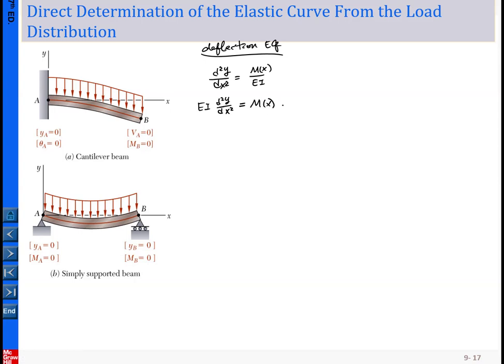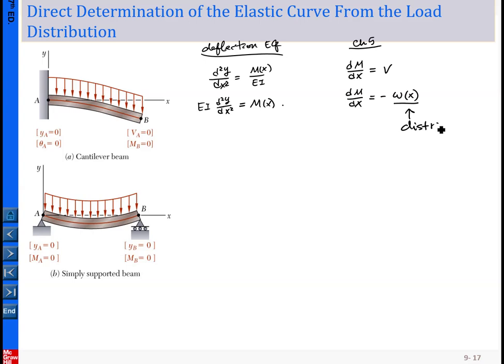Okay, and also from chapter 5 we have learned the relations between the shear and bending moment diagrams and the distributed loading. In this case we know dM/dx equals V and dV/dx equals minus omega, and this is the distributed loading.